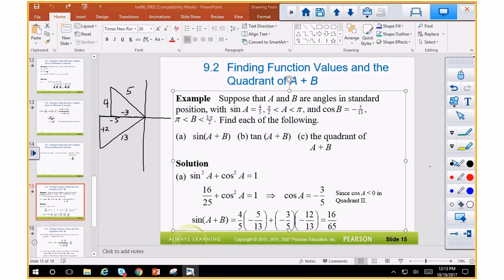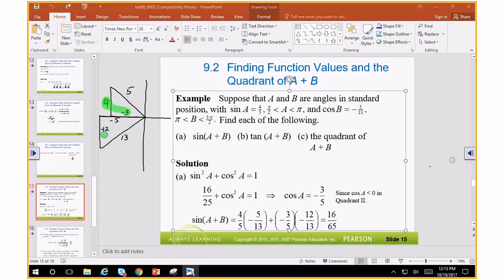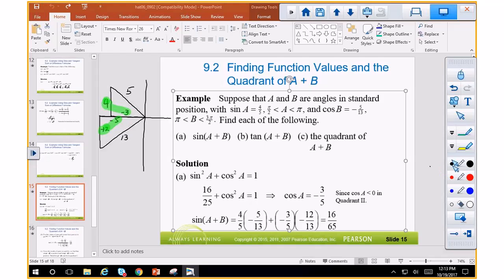Now we need tangent. With tangent, Oscar had a hump of apple. So we're going to be using the tangent of A and the tangent of B now, with the tangent of A plus B. Now remind me what the tangent of A plus B is.